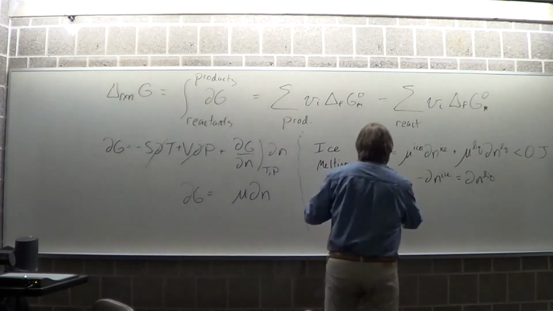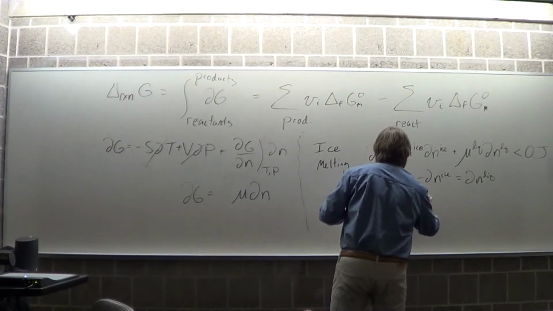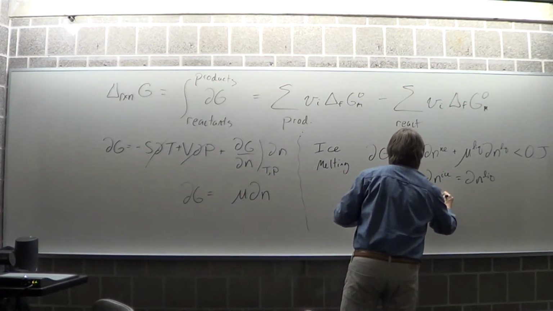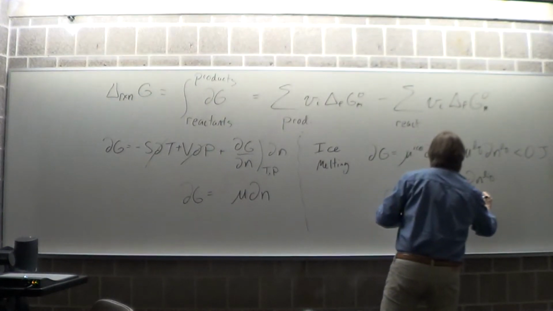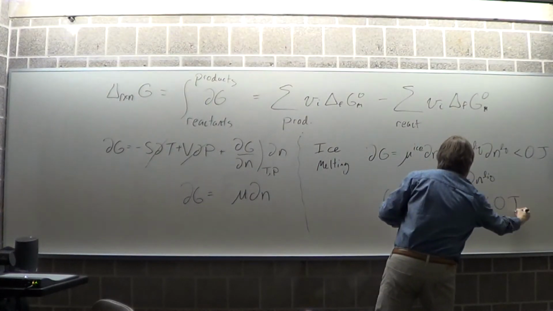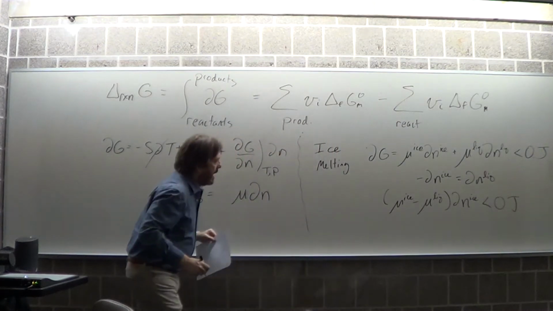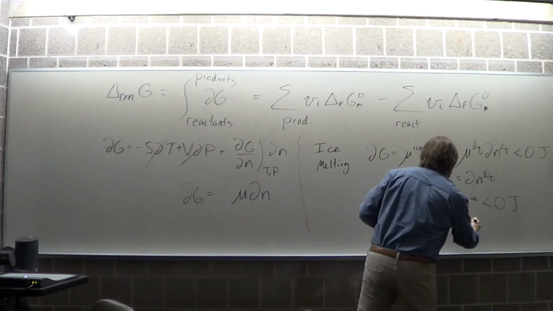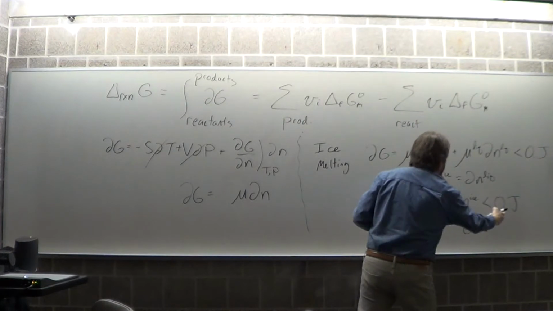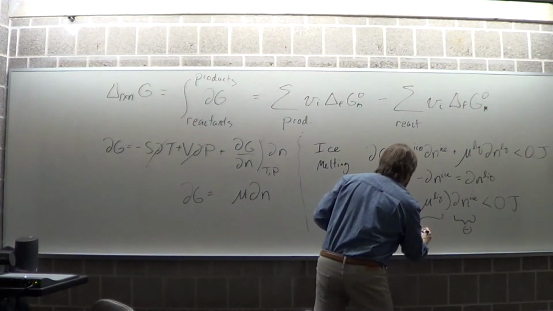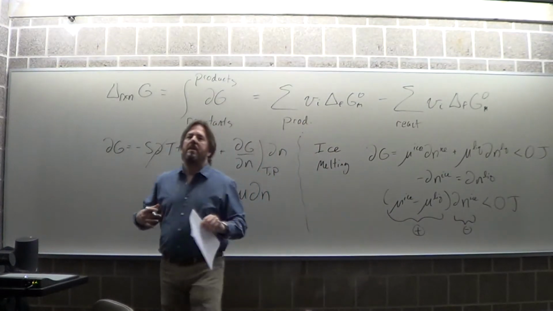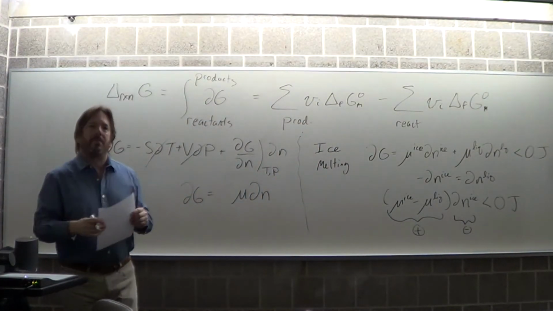Then we found that the chemical potential of ice minus that of the liquid, remember it's all H2O obviously, has this relationship. The ice is dropping, that's negative, this is negative, and that means this is net positive. Therefore the chemical potential of ice is greater than that of the liquid.